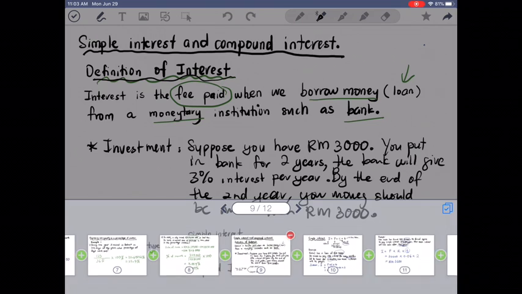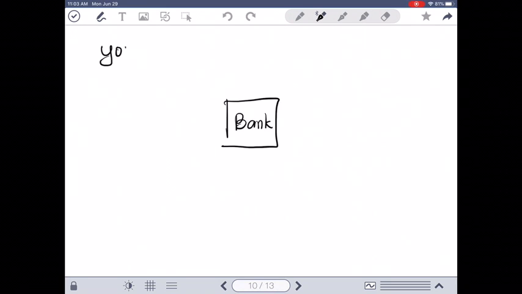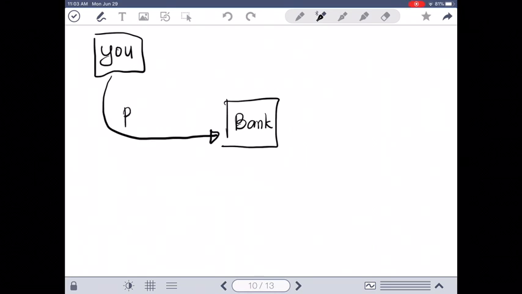Let me illustrate it in this way. This is the bank, this is you. So you go to the bank, you put money in, maybe in your savings account, or maybe you just put your money in the bank.